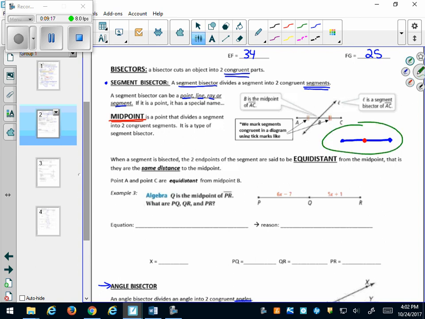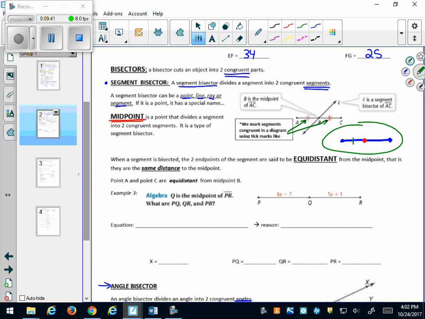Can you tell that's a midpoint? Well, it kind of looks sort of like it is, maybe not, I don't know, I didn't really measure it out. But we need some sort of notation on our diagram to show that we intend that to be a midpoint. So if you look here, this is how you mark segments congruent to each other.